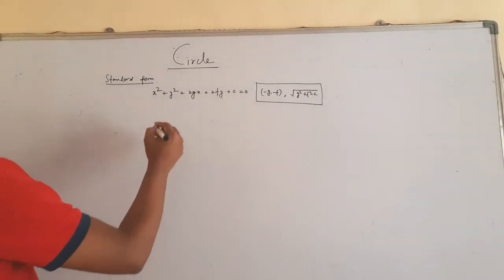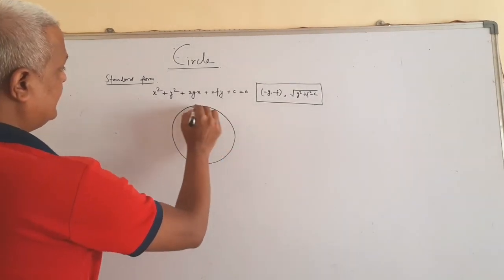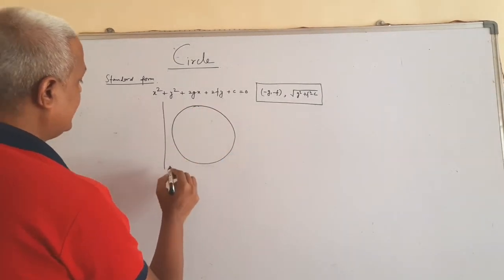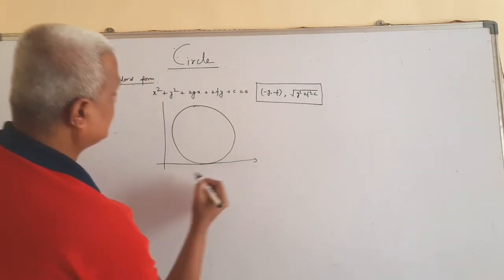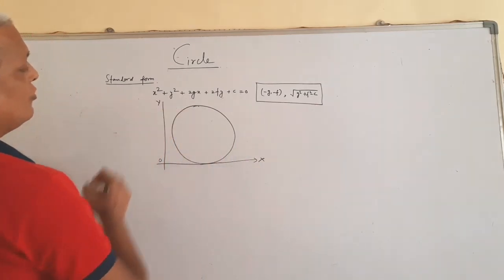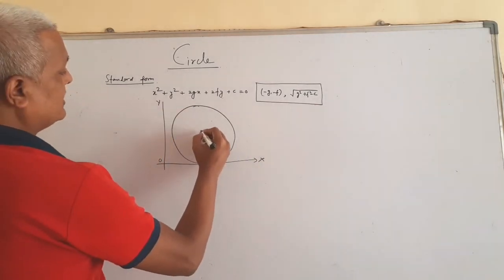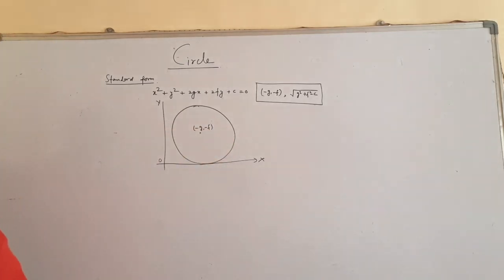Now just assume case number 1 where the circle is touching the x-axis, meaning the x-axis is tangent to the circle. So this is my origin, this is x and this is y. Now this coordinate is (minus g, minus f).